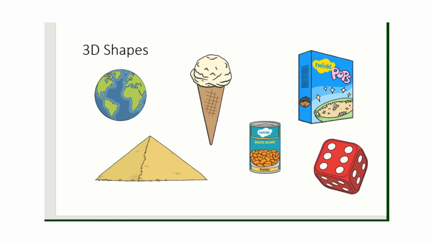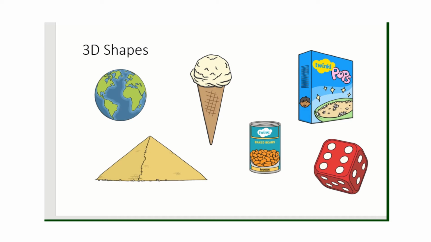I wonder if you could find any objects in your house and match them to some shapes, like that tin of baked beans. What shape would that match to? Yeah, I think it would match to a cylinder. Oh, if you had some in the freezer, look, some ice cream cones, they would match to a cone.